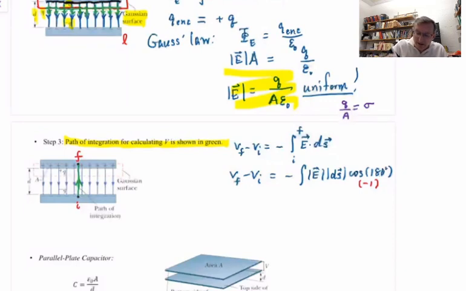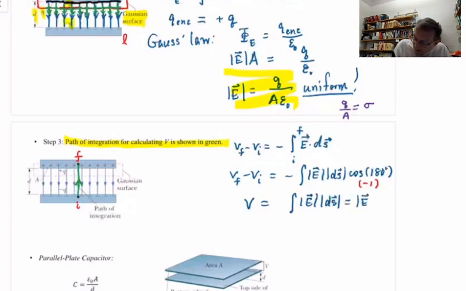So I have two negative signs multiplied together, which gives me a positive. And now we just call V final minus V initial the potential difference, V. So V now equals the integral of E magnitude ds. But E magnitude is uniform, so you get to bring it out front.